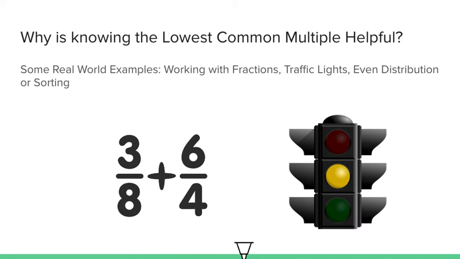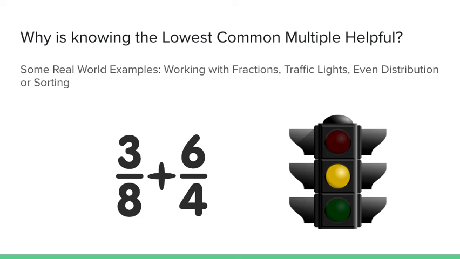And there are even some other real world examples. Apparently, in some places, traffic lights use the lowest common multiple to decide how much time each light is going to be allotted before it changes color.